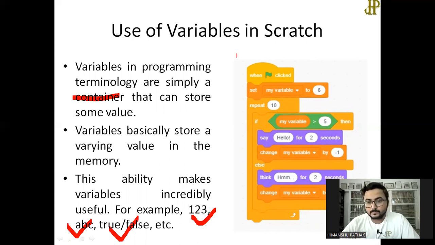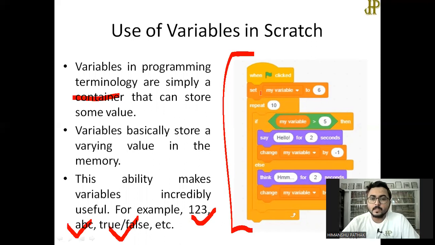And here you can see a small program written by me. What is this? I have taken a variable, my variable, and set it to 6. Value 6 is given to my variable. Now, I repeat these lines of code 10 times. So what is to be done?